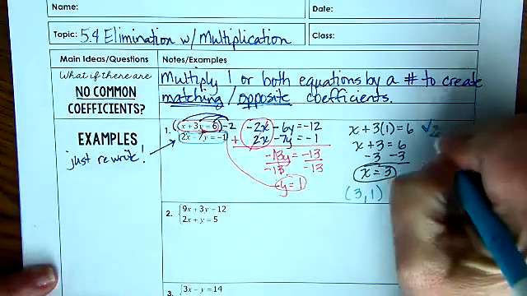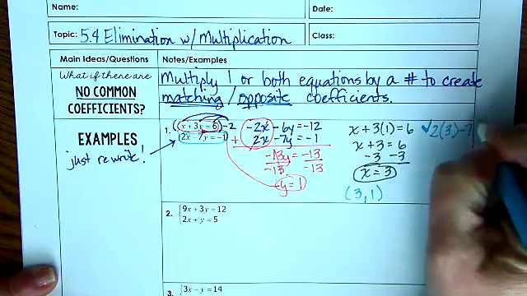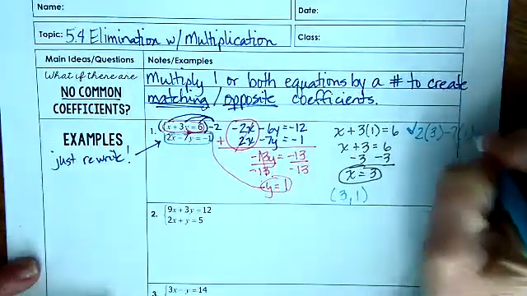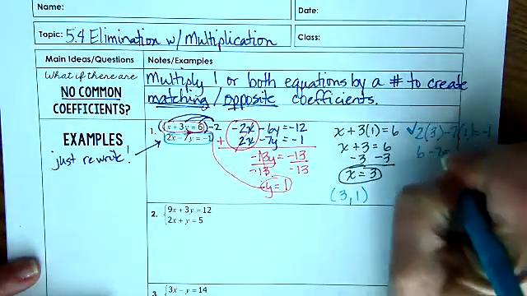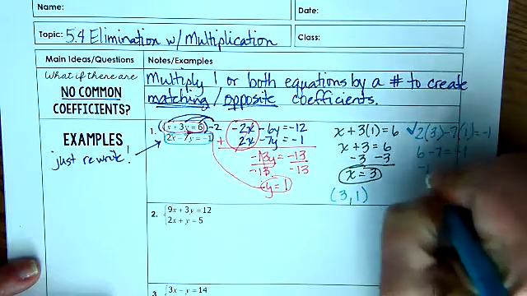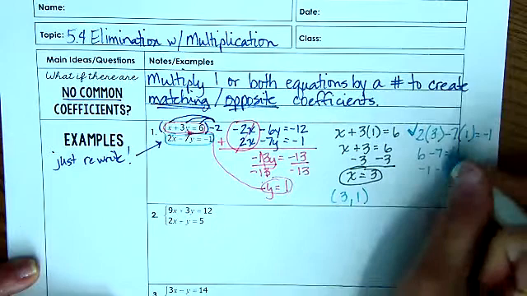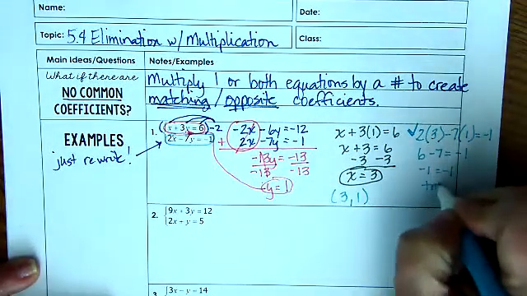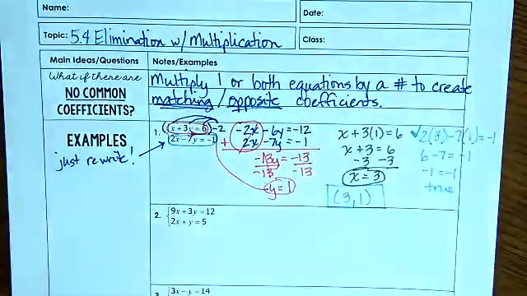So I have 2 times 3 minus 7 times 1 equals -1. So I have 6 minus 7 equals -1. -1 equals -1. This is true. So this is my correct answer.